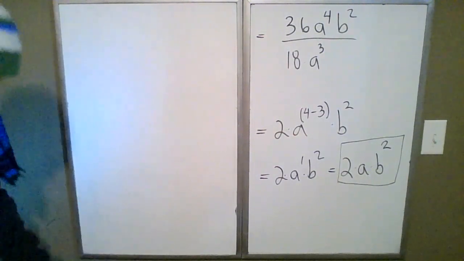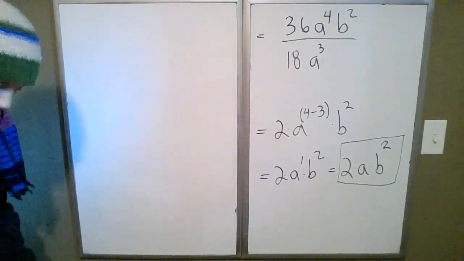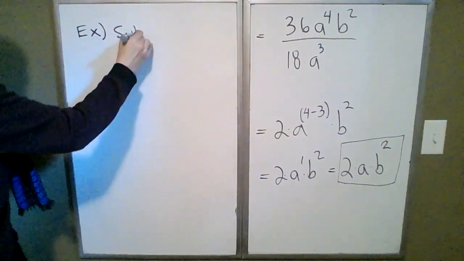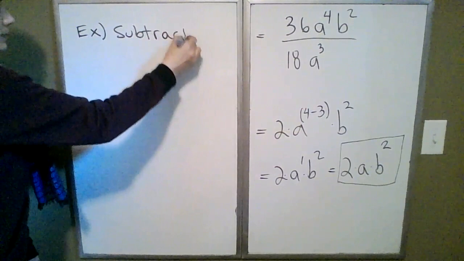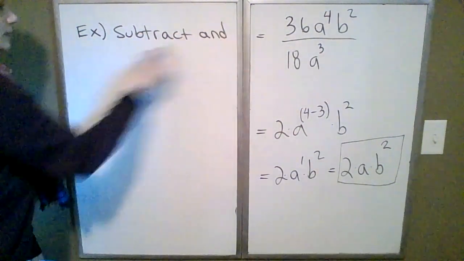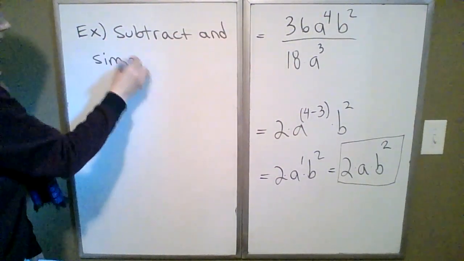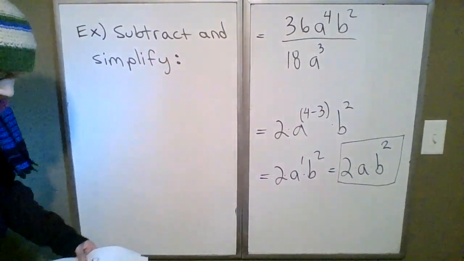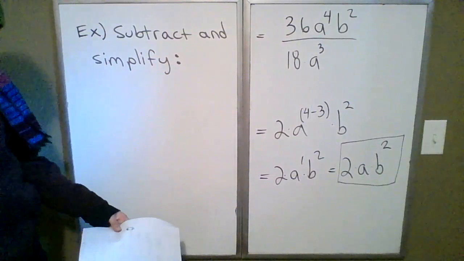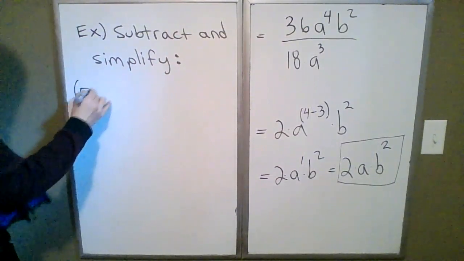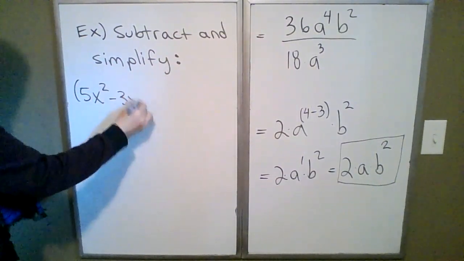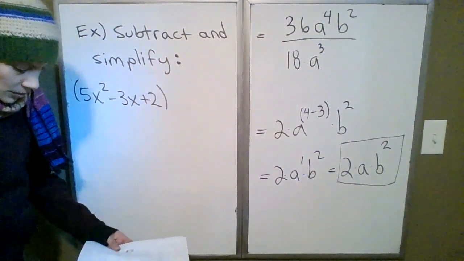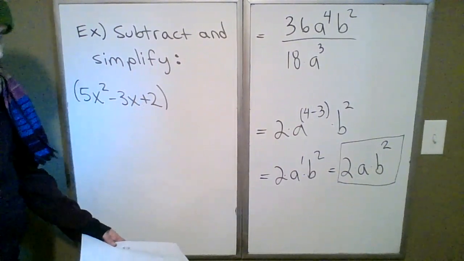Okay, next one is going to say subtract and simplify. With 5x squared minus 3x plus 2, and then subtract 3x squared plus 4x minus 7.